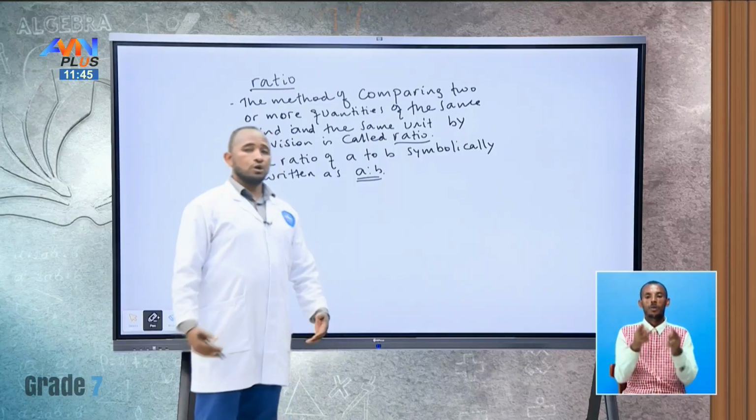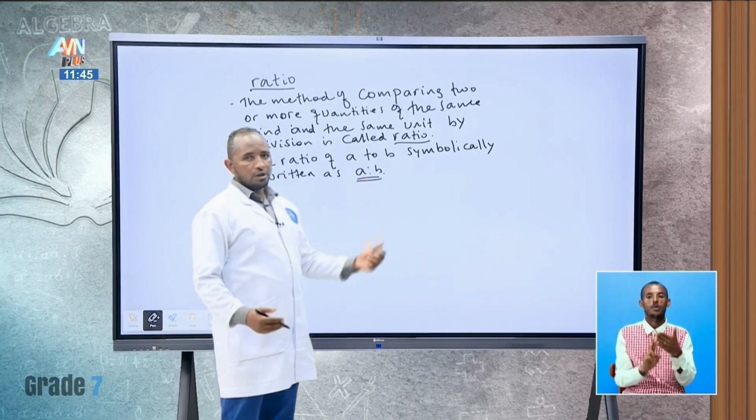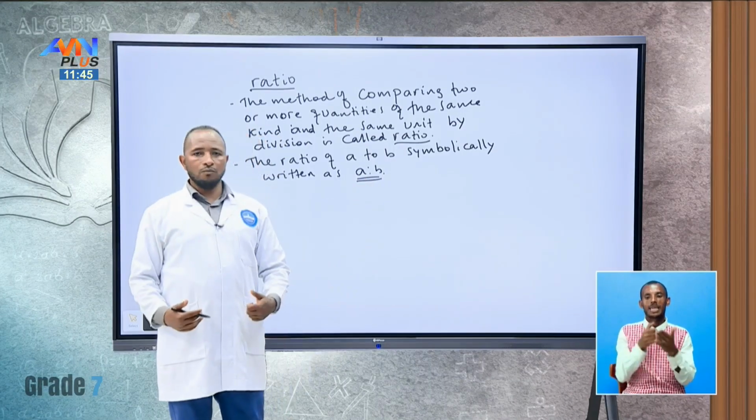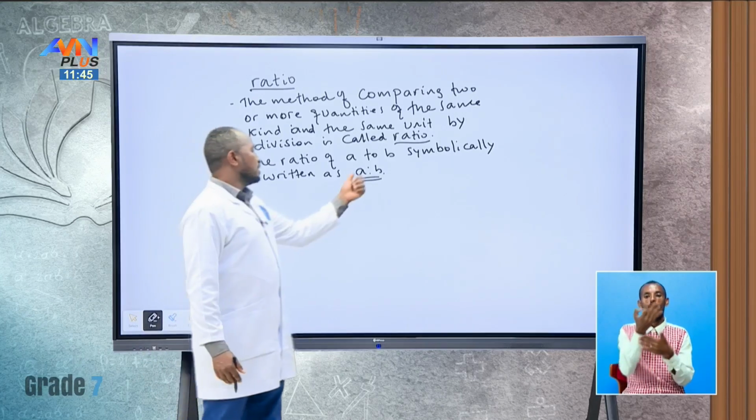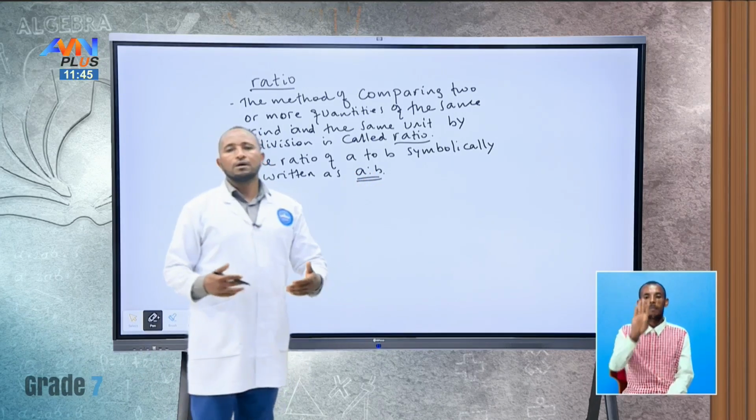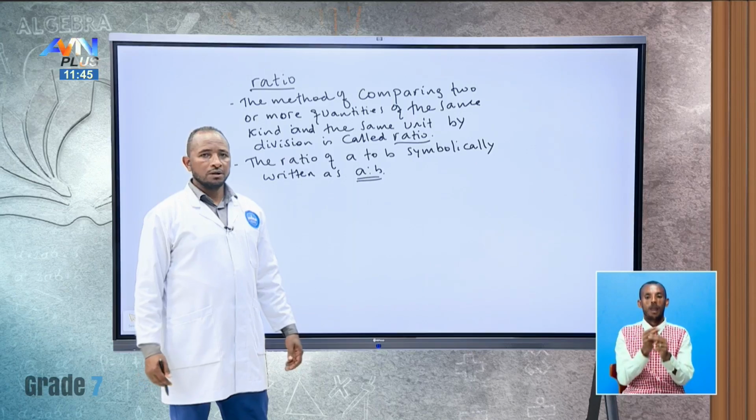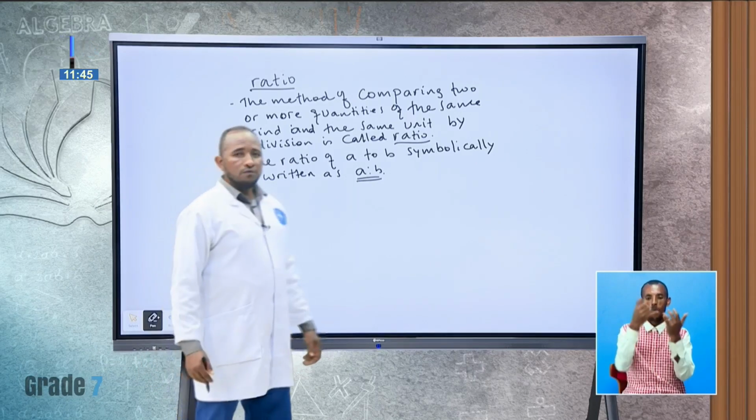When you write the ratio, it must be in simplest form, where A and B are natural numbers. So now I will give you an example.